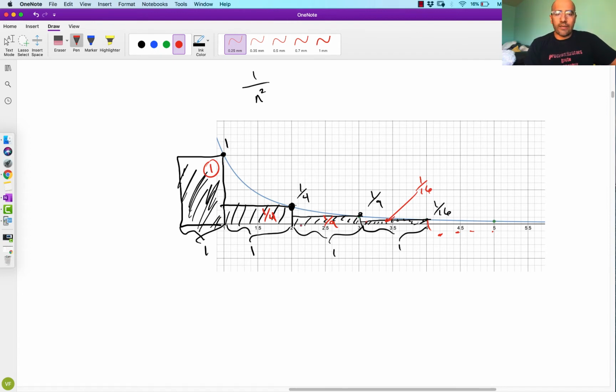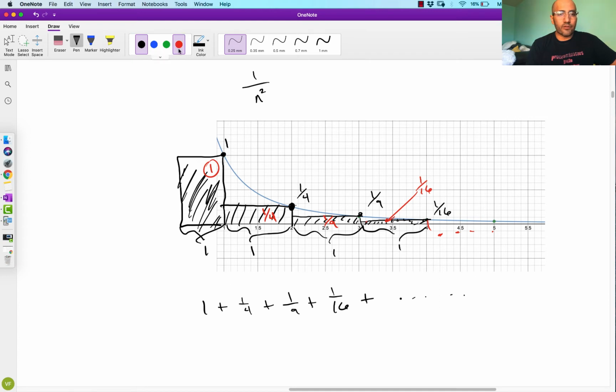Now that problem, you're like, what's the problem? That's just as difficult as the original one, right? So basically I've turned this question, what's 1 plus 1/4 plus 1/9 plus 1/16 plus ... forever, into areas.